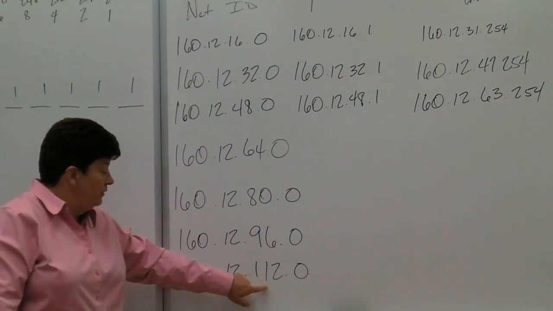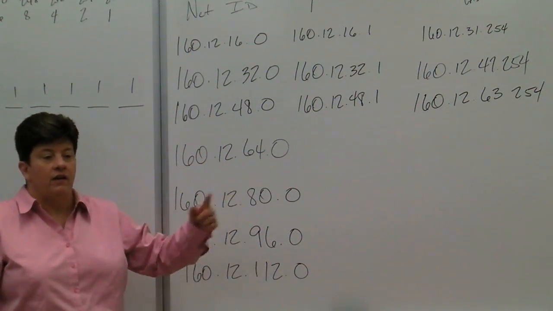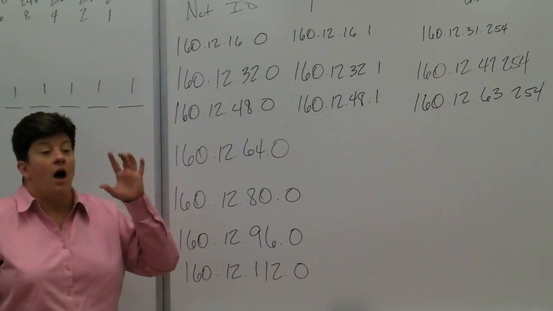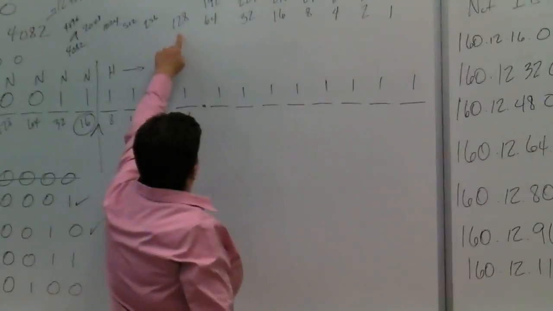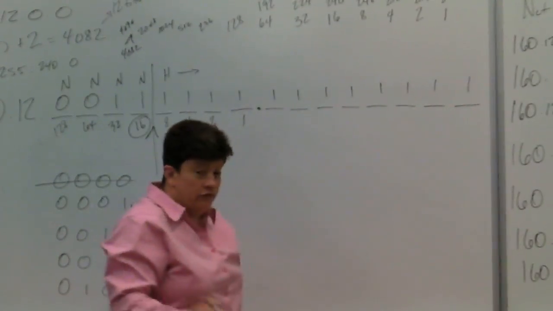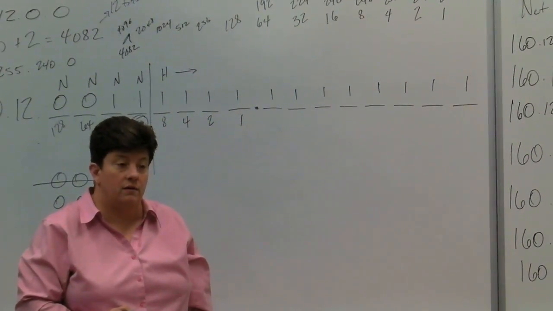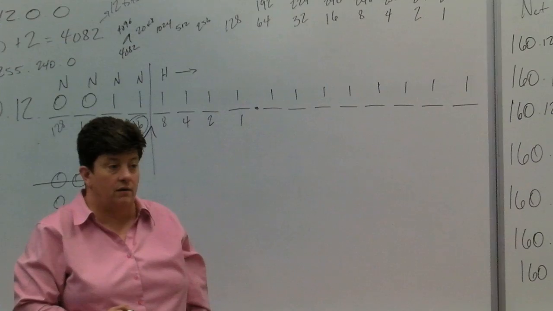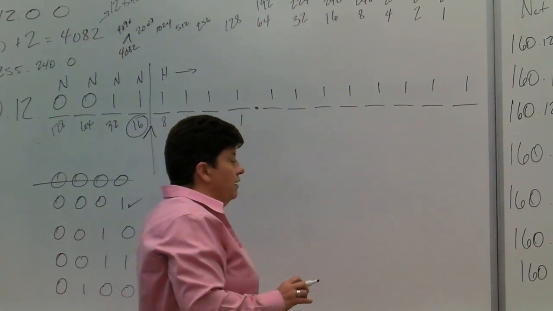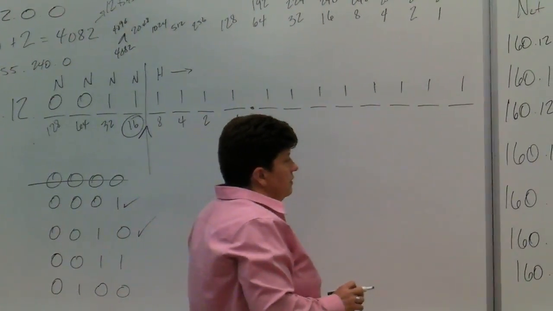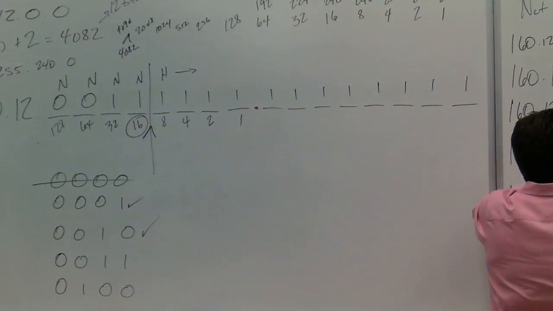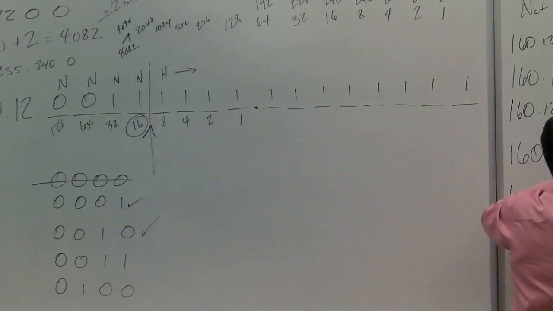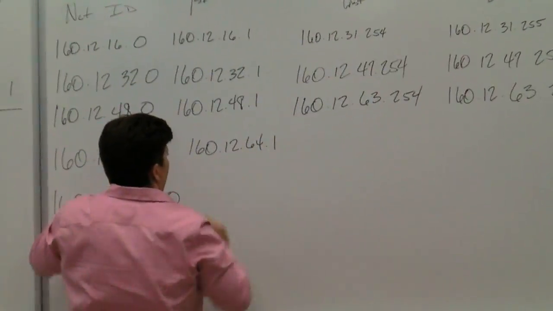It would go 112 plus 16 plus 16 plus 16 until you can't write anything bigger than 255, right? That's what we balance into the next octet. Then it's a matter of 160.12.64.1.